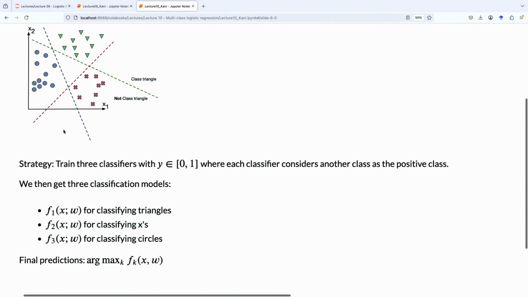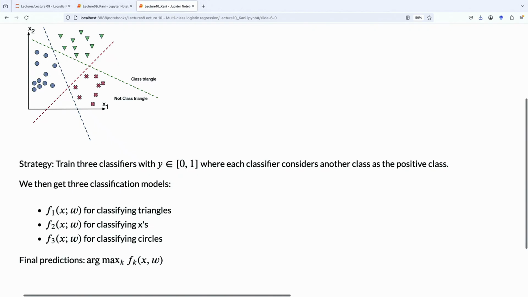And then for the final prediction, you just run the data input on every single one of these classifiers and find the classifier that is most confident that this data label is positive for its class. Does that make sense? So you're basically just reducing a classification problem of, let's say, 3 labels into a classification problem of: is this a circle or is this not a circle? Is this a triangle? Is this not a triangle? Is this a square? Is this not a square?